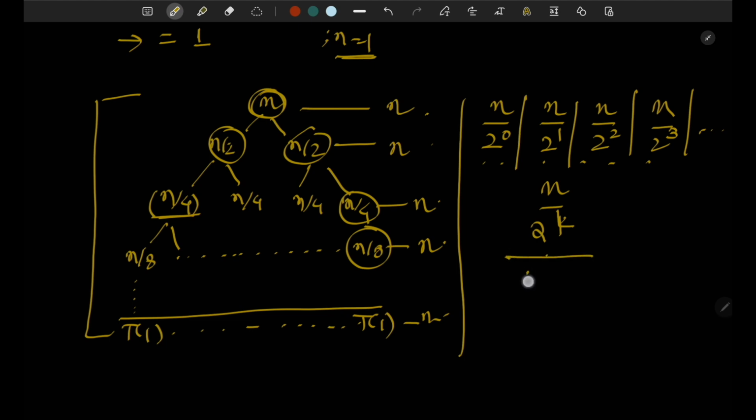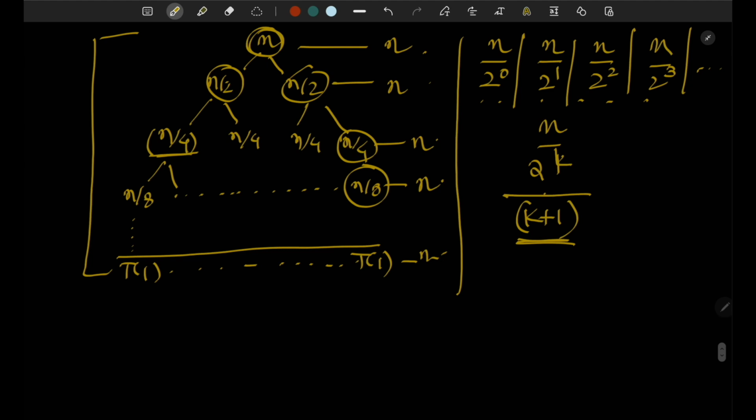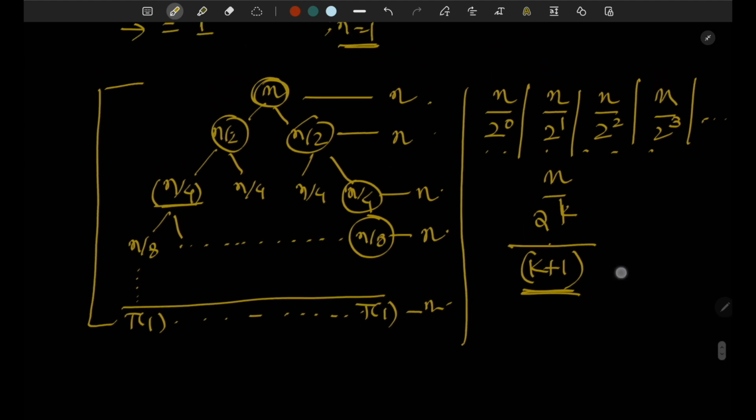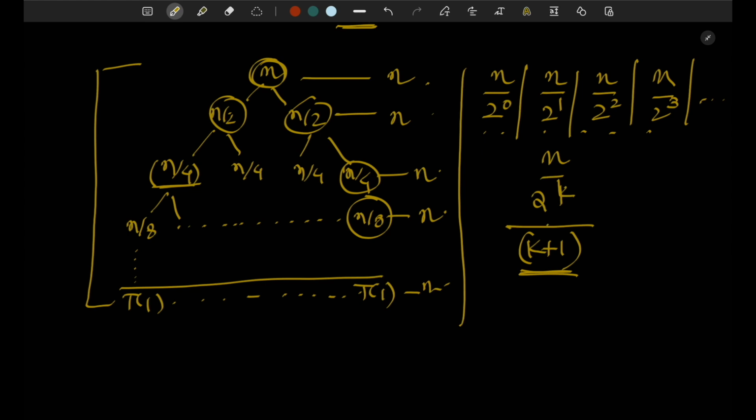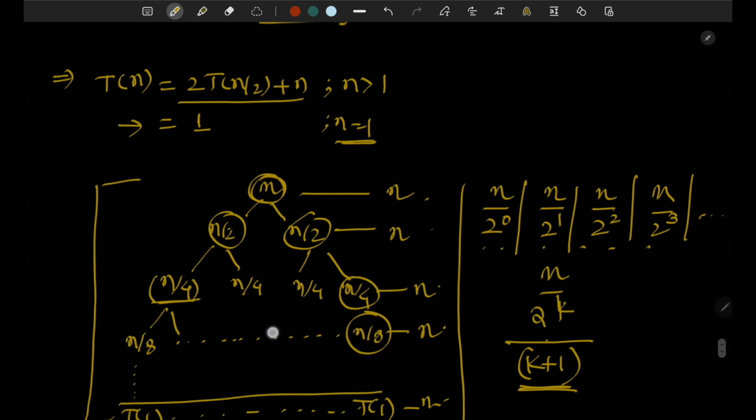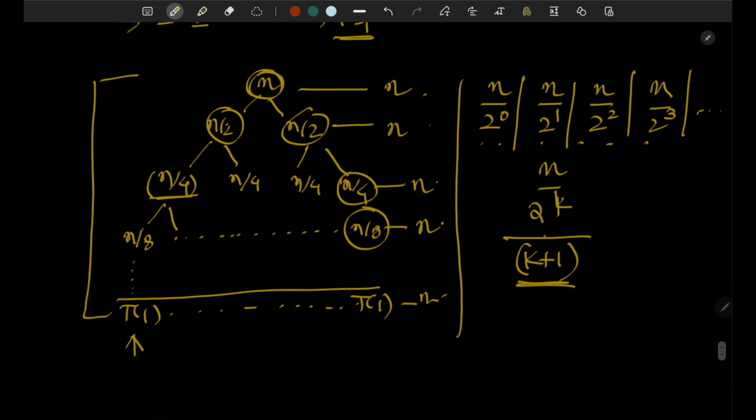So basically our depth of the tree is k plus 1, and since we are seeing that n is 2 to the power k, what I mean to say is we want to be in this terminal state, right? That is my base case. And when do we reach the base case? When we hit this condition.